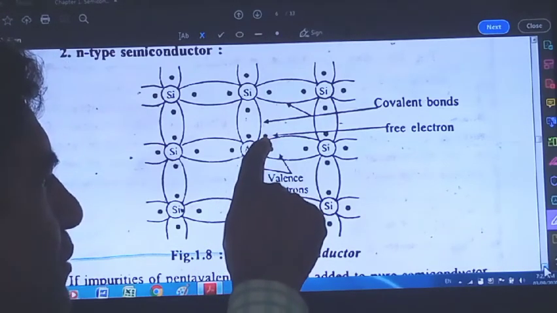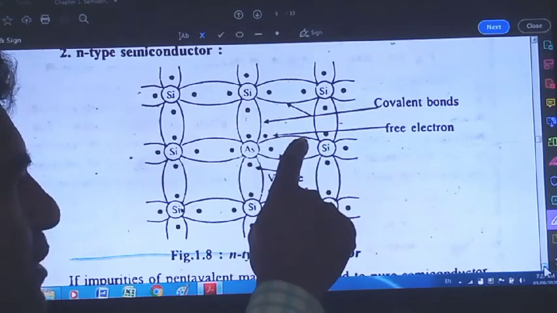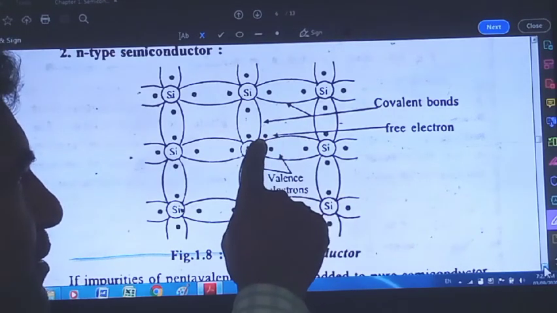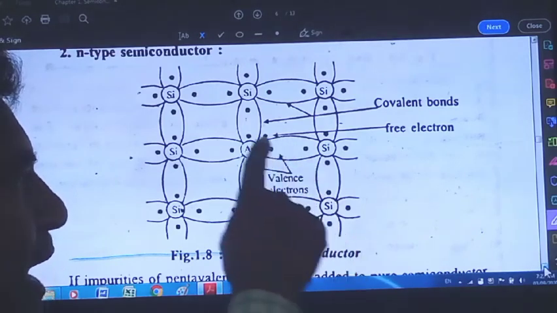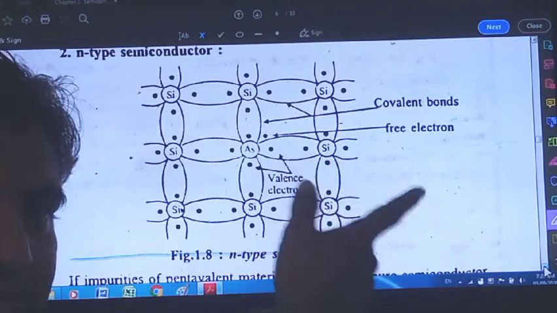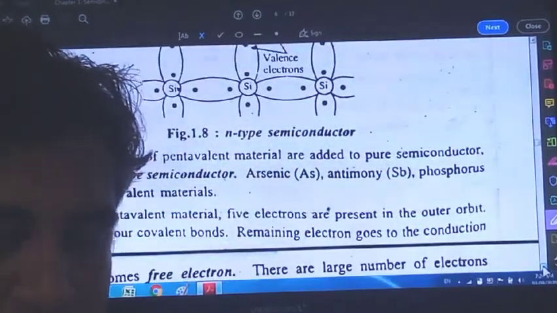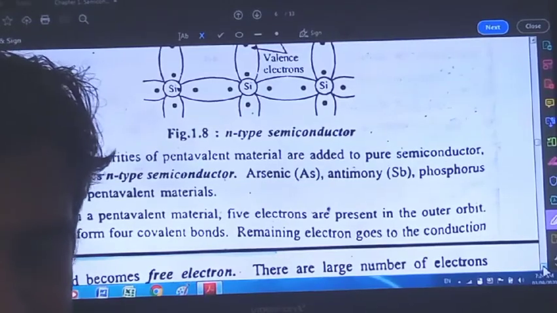This 1 electron tries to go here and there. Ultimately, when it touches this particular covalent bond, it will break the covalent bond and try to attach with these electrons. Due to that, the maximum number of electrons will be present here, and a smaller number of holes are present.